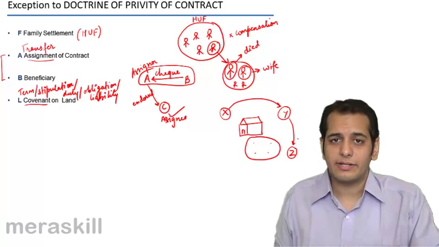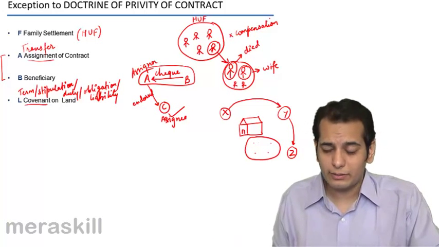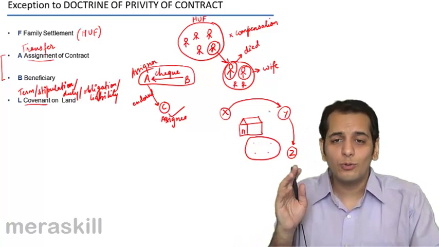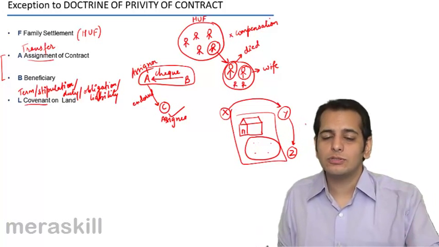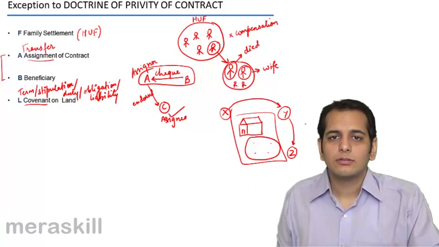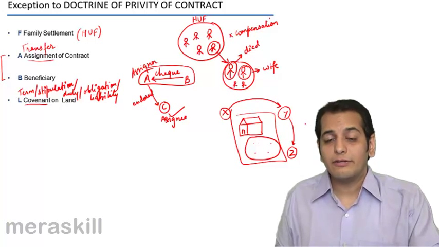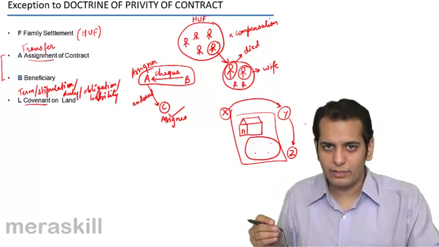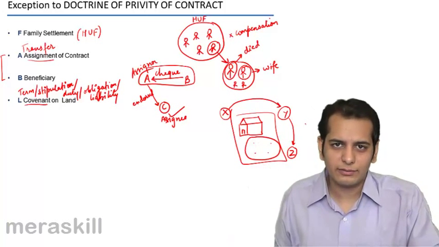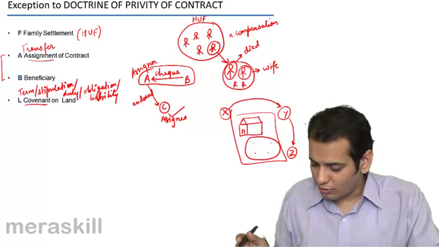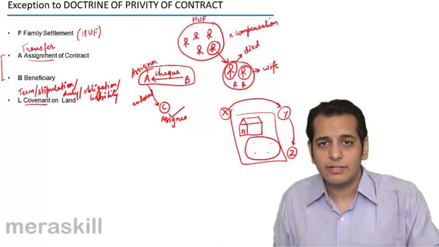On this, Z said, look, I have entered into a contract with Y. Y is now the owner of this property. He is the person who's supposed to put conditions on me. If he is ready, if he is okay, and I am okay, you are nobody to interfere in this contract. This contract is between me and Y, that is between Y and Z.